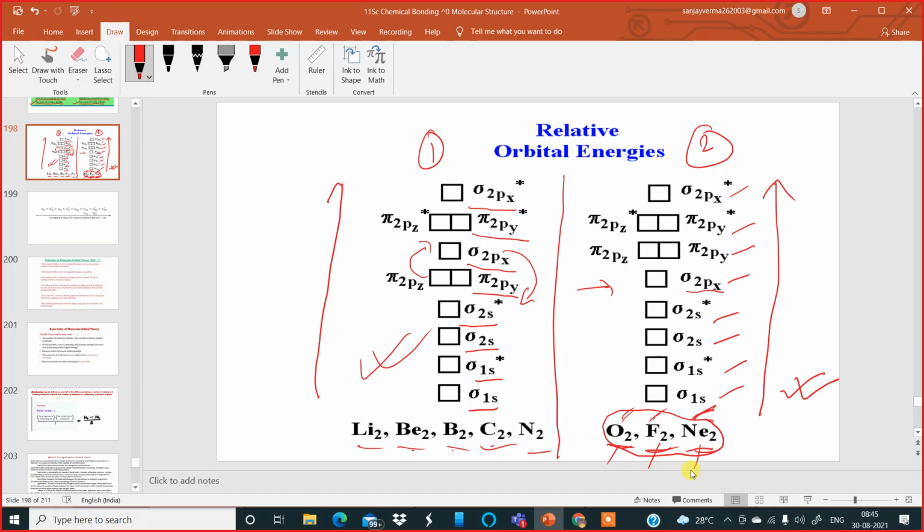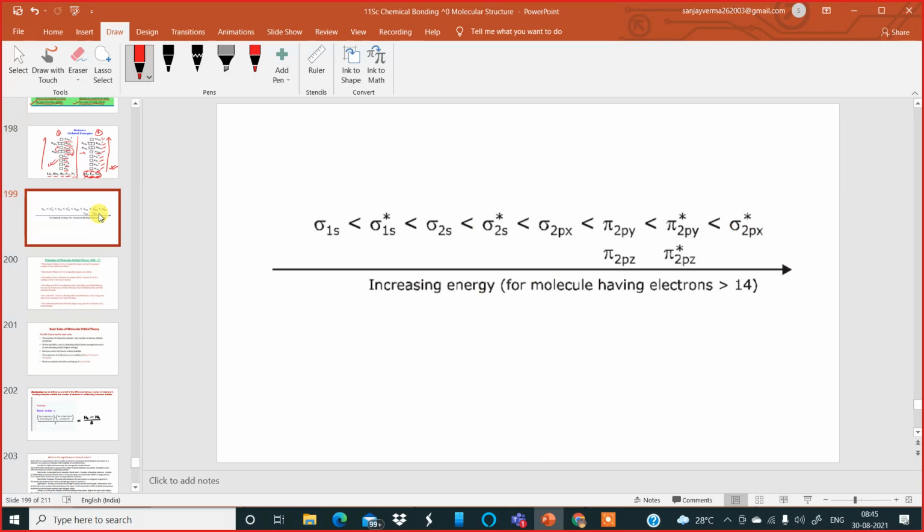Now using this relative order of energies of molecular orbitals, this is what you'll have to learn for lithium, boron, carbon or nitrogen. First this one. Okay, now see: sigma 1s, sigma star 1s, sigma 2s, sigma star 2s, sigma 2px, pi 2py, pi star 2py, sigma star 2px, pi 2pz, pi star 2pz.